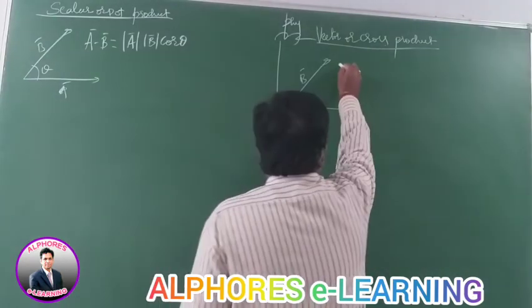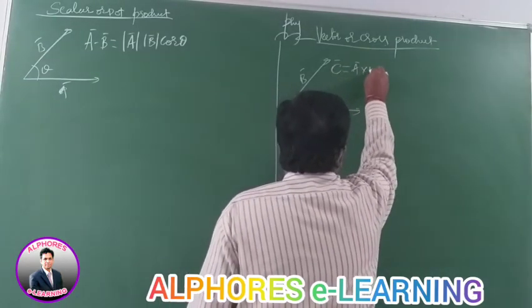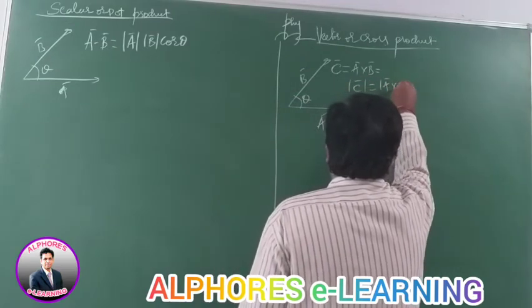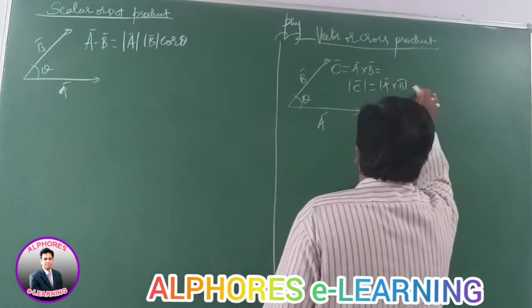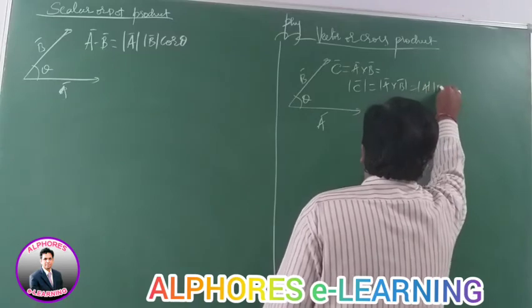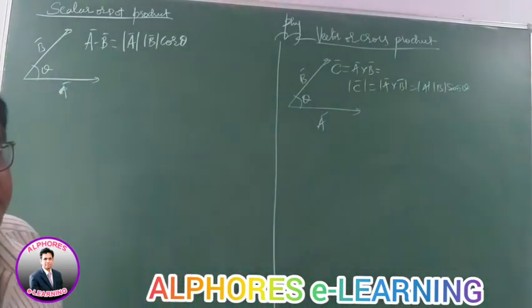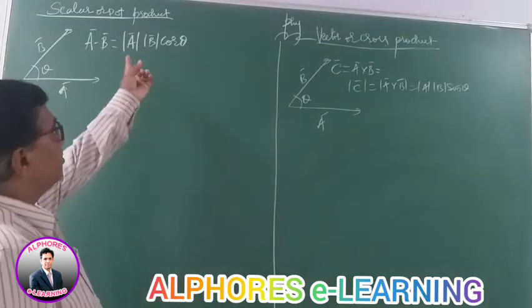When A cross B, C bar is A bar cross B bar, implies mod C is mod A cross B. It is mod A mod B sine of the angle between, it is mod A mod B sine theta. This is mod A mod B cos theta.